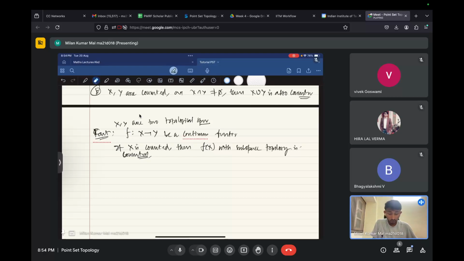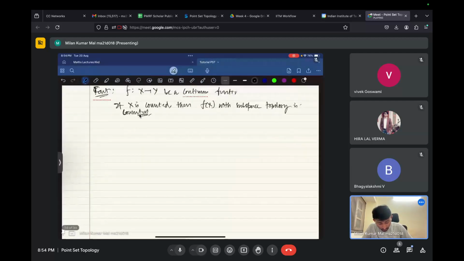Now using this, what we will show here is that GLNR is not connected. I have not written even plus GLNR, only GLNR. How?